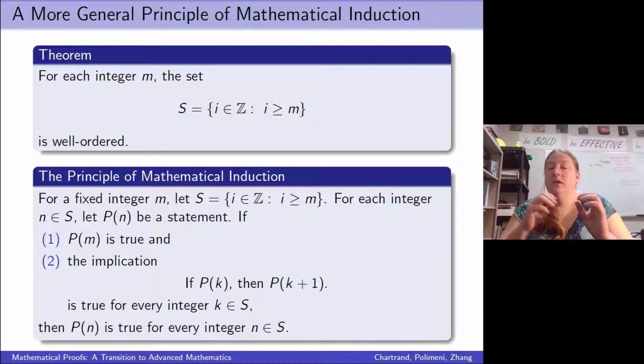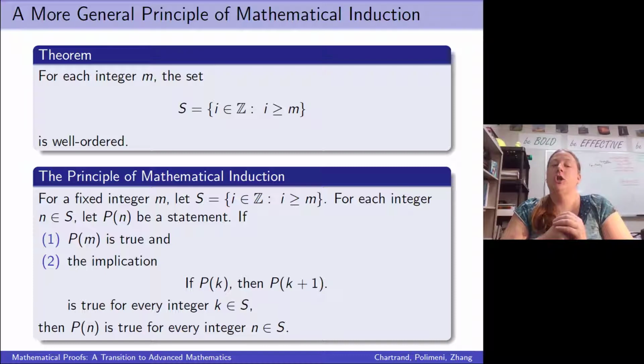So if we have a fixed integer m, that's going to be the smallest integer in our set, and we have a set of all of the integers greater than or equal to m, then for each integer in the set, we're going to have p of n being some statement.